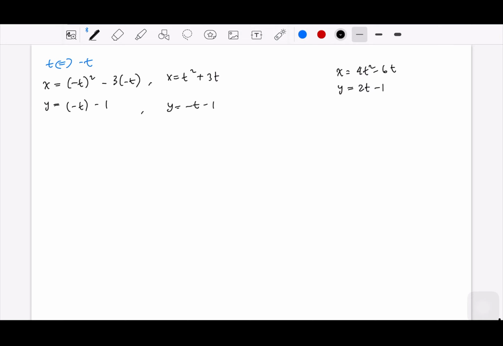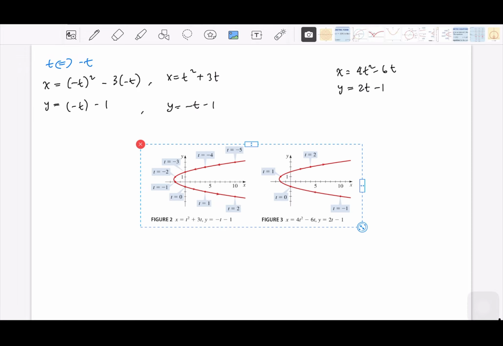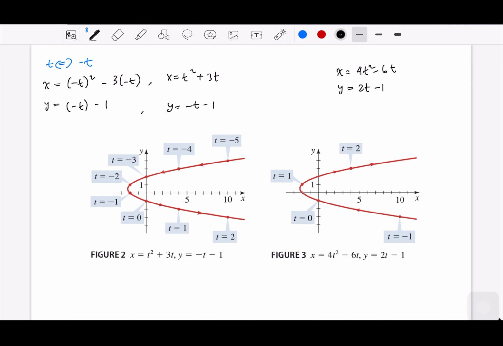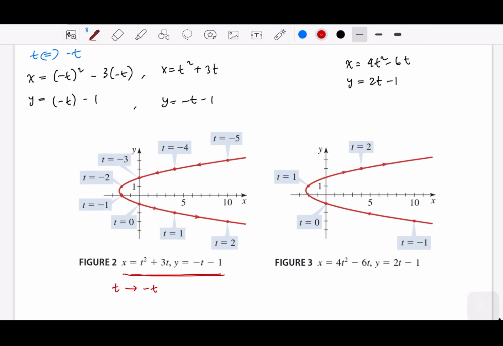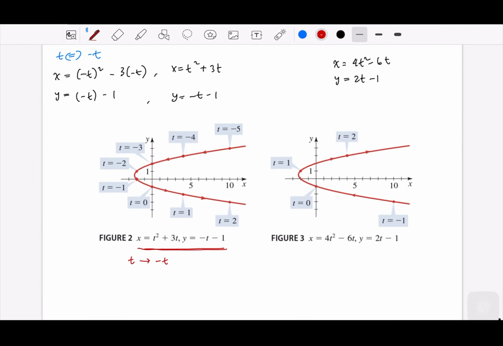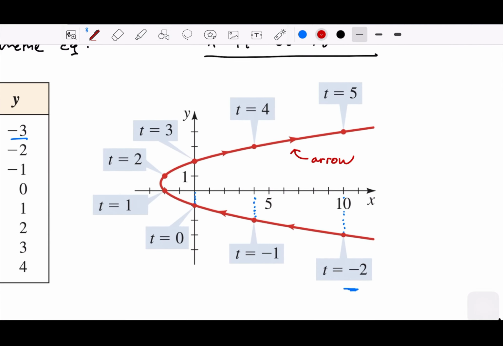Now, if we change to these new parametric equations and trace the curve, it's the same curve, but look at the direction and look at how the points will be. The left one is this part, when we replace t with negative t. See the arrow. Now the arrow seems to be going in the opposite direction compared with the first one, right?